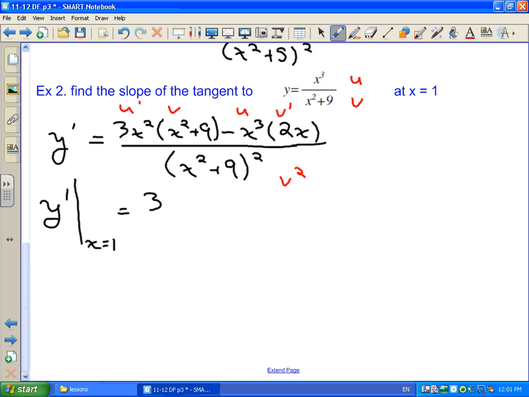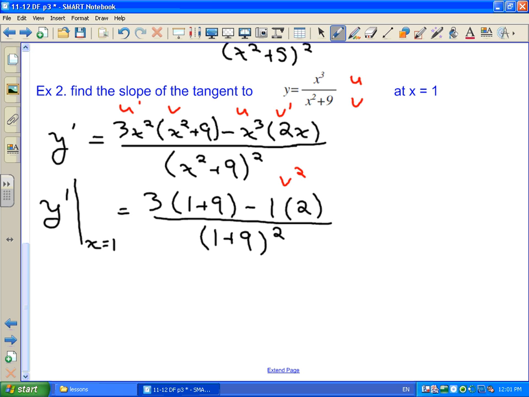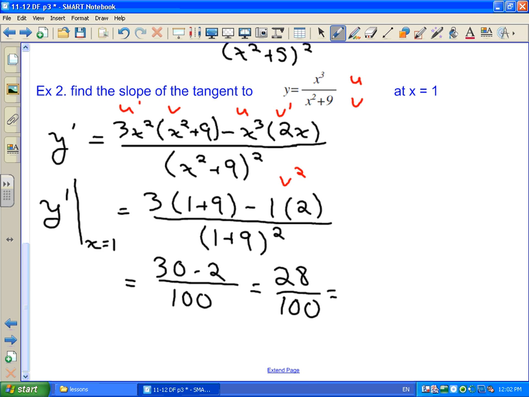I'm going to end up with 3, and then 1 plus 9 minus 1 times 2, all divided by 1 plus 9 squared, which is going to be 30 minus 2 over 100, or 28 over 100, or if we put this fraction in lowest terms, it's going to be 7 over 25. So there's our slope of our tangent.